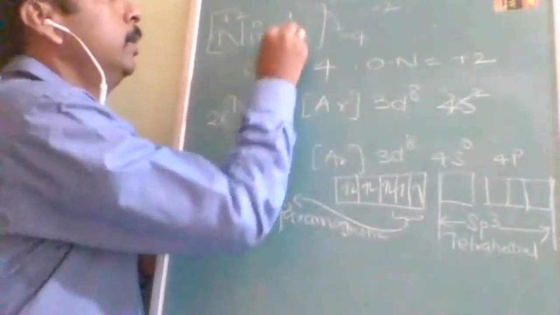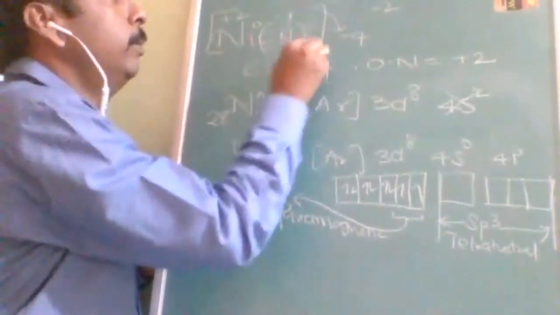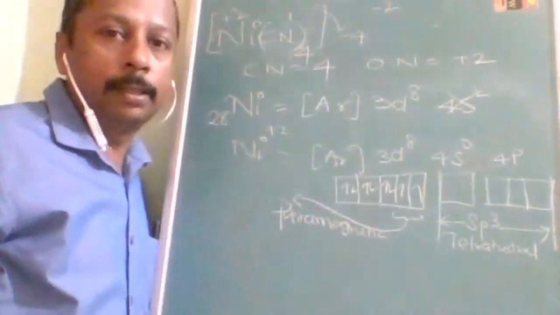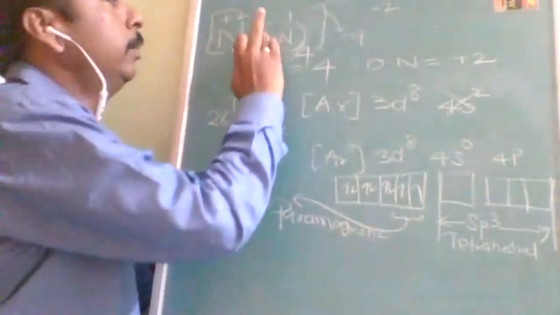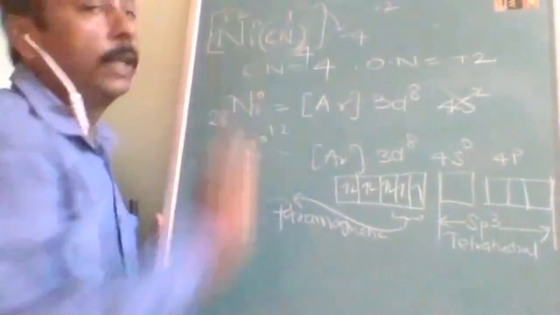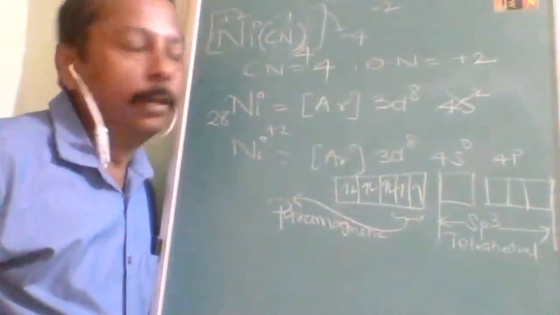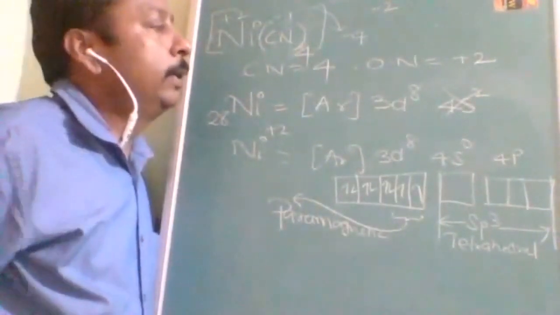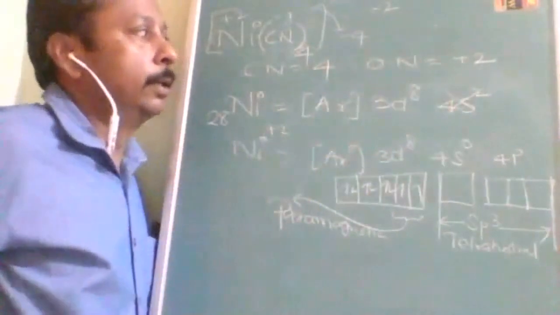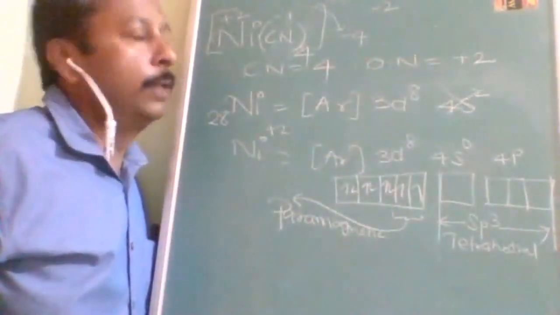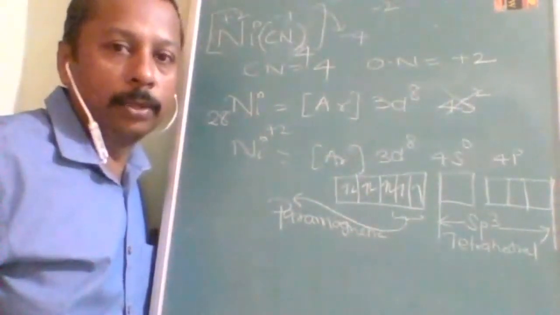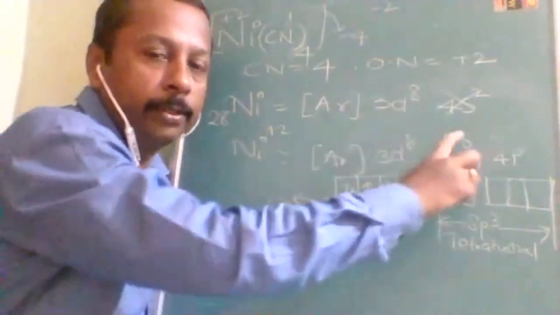Now it was Cl. Now I am going to replace it with CN minus. But will it make any changes over here? No changes. Ni(CN)4, and the oxidation number is going to be +2 only, and the electronic configuration also.